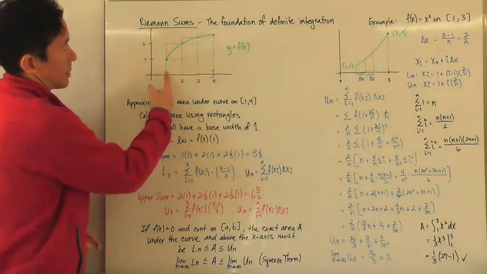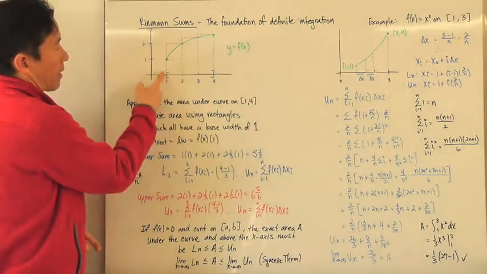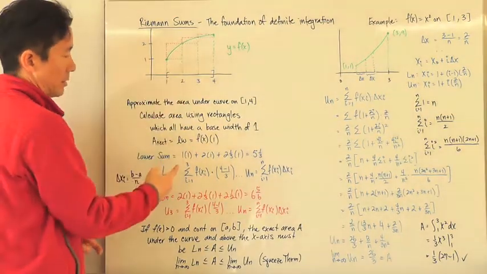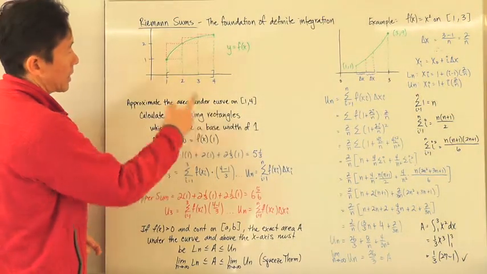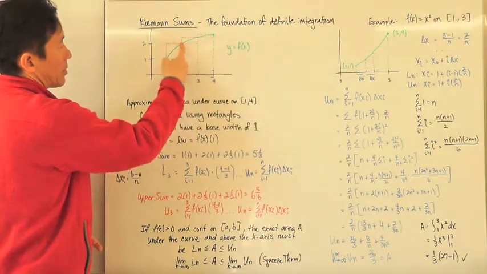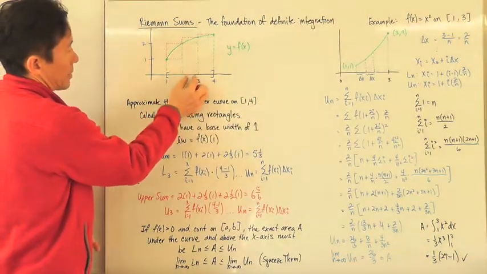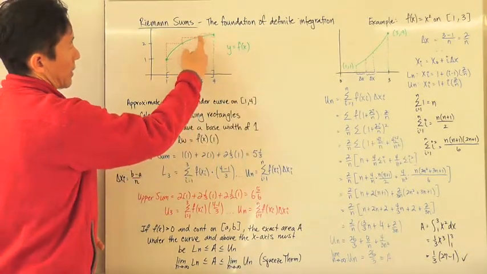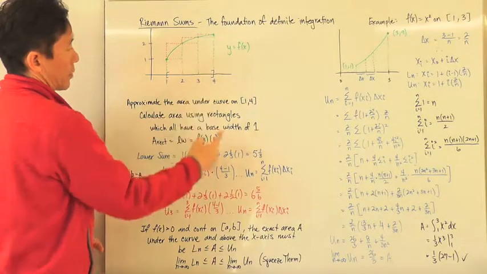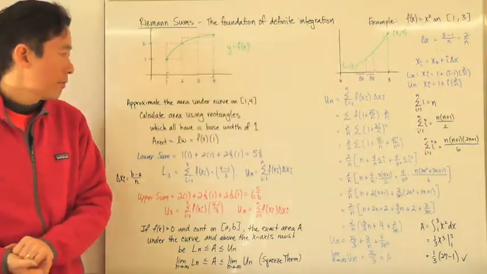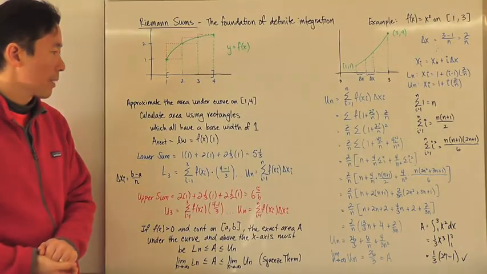For the first rectangle, the height is 1 times 1, so it's 1 times 1, plus the height of this rectangle, which is 2, and the base is 1, plus this height right here, which is about 2 1/3 times 1. Add all of that up and I come up with 5 1/3.